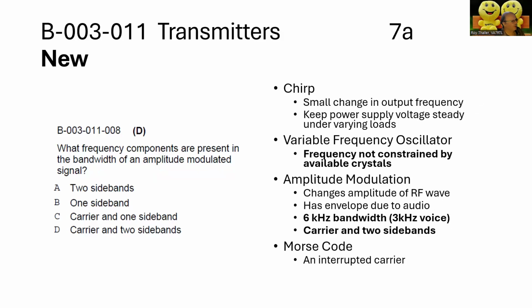Now the new question, what frequency components are presented in the bandwidth of amplitude modulated signals? So here, what you get with AM is the carrier plus the 2 sidebands. You get the upper sideband and the lower sideband.